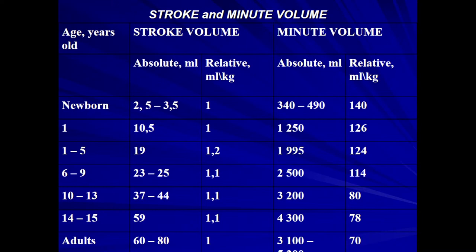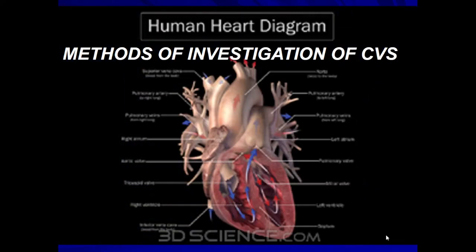In adults, the parameters increase compared to a newborn about 20 times. Absolute volume and relative per milliliters per kilogram are just opposite: high for newborns and low for adults.